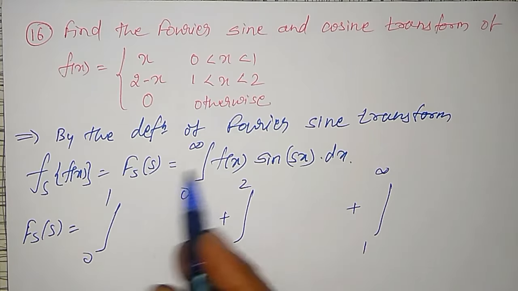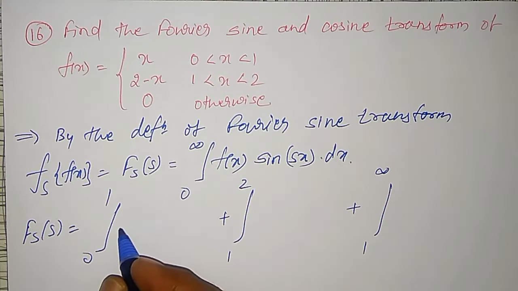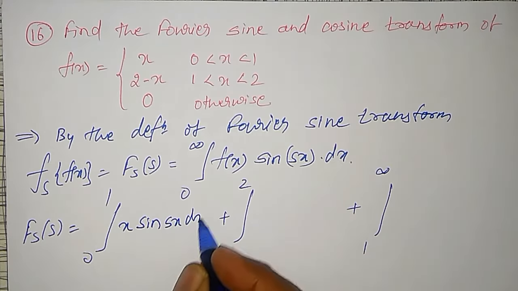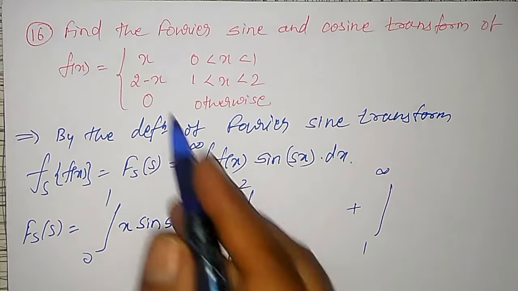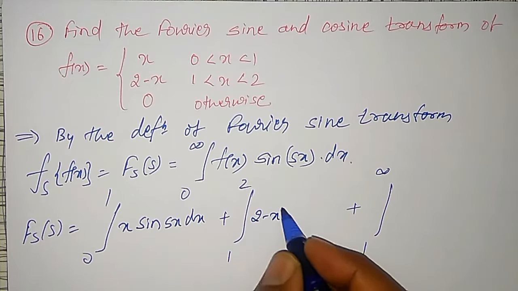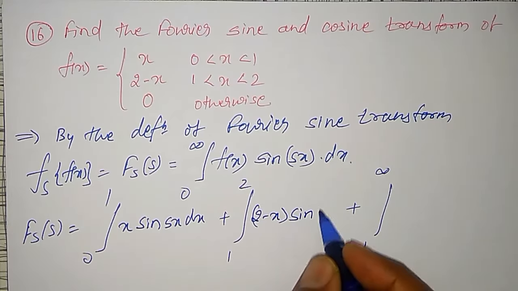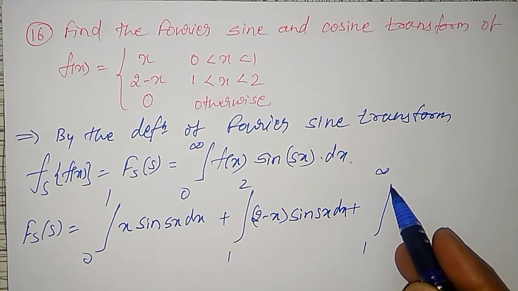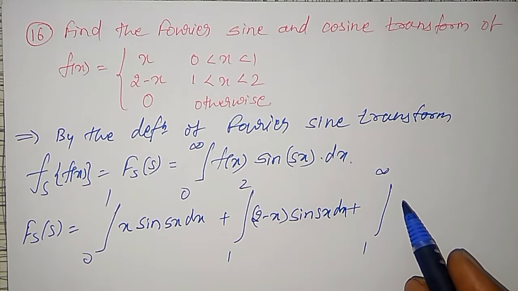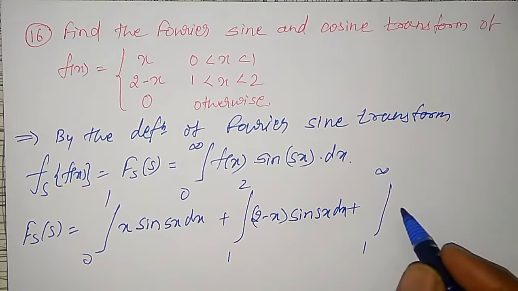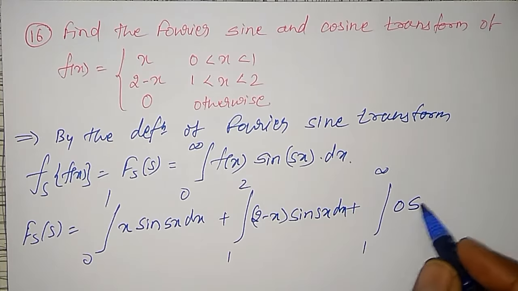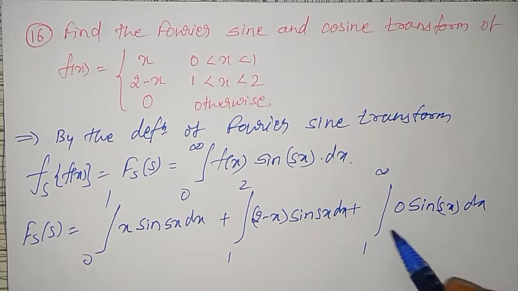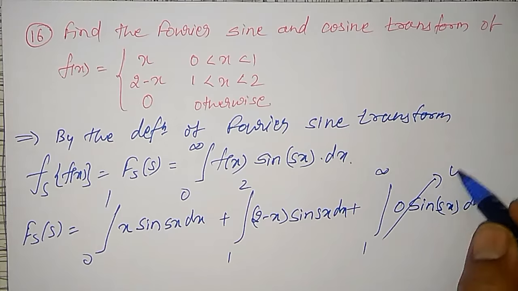For 0 to 1, f of x is x into sine sx dx, and for 1 to 2 the function is 2 minus x into sine sx dx. Whereas beyond 2, the function is defined to be 0 into sine sx dx. Therefore this term will totally become 0.